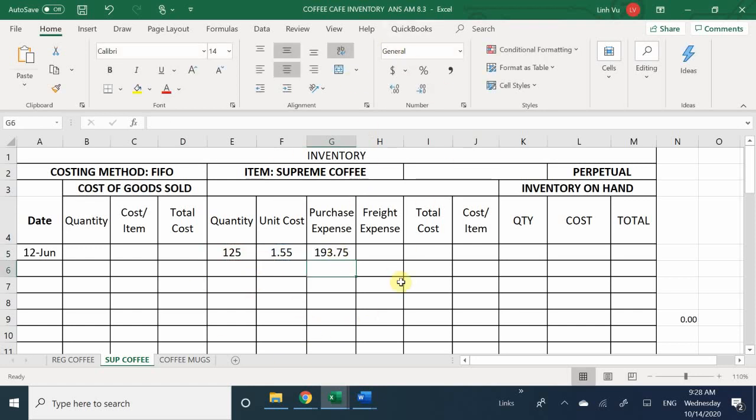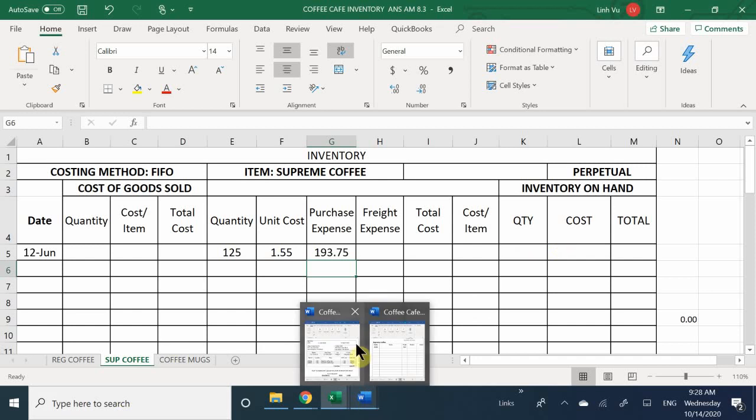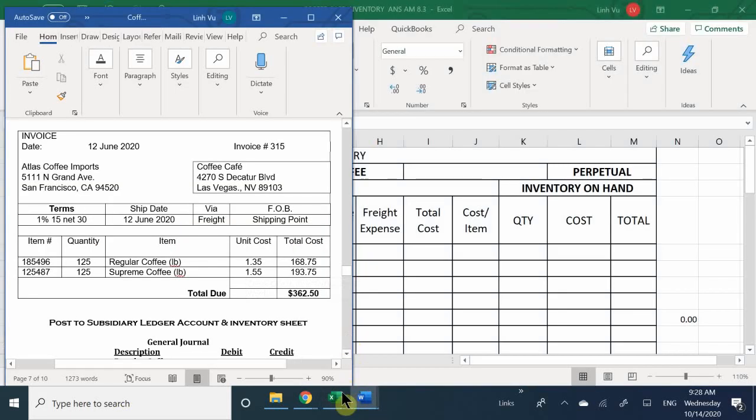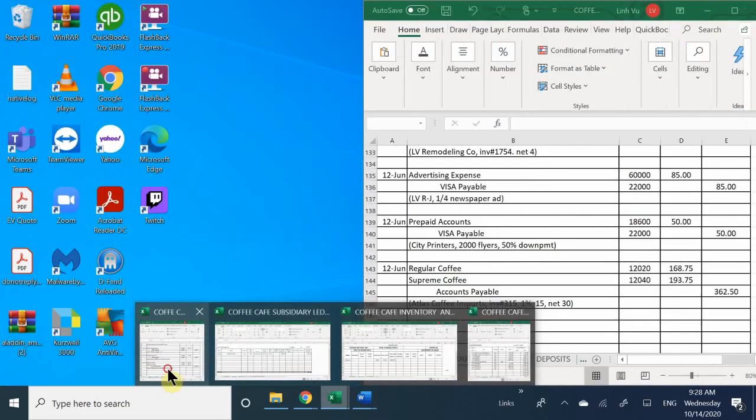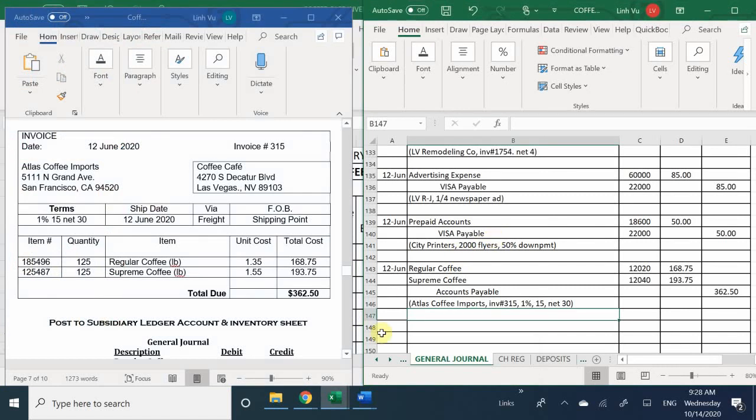Again, we're leaving our freight expense alone, and we will complete it once we fill in our freight. Okay, so any questions on how to fill out that little inventory worksheet?